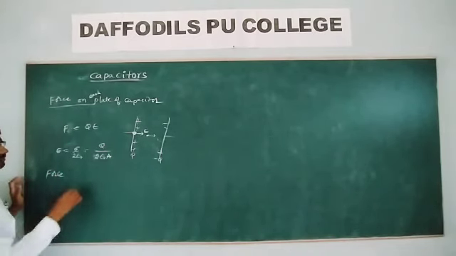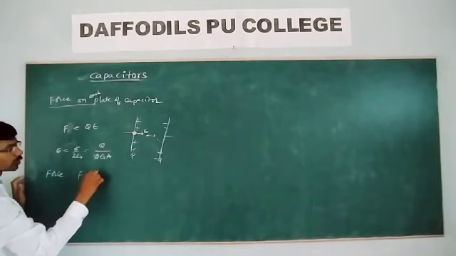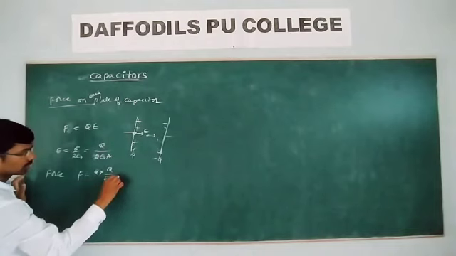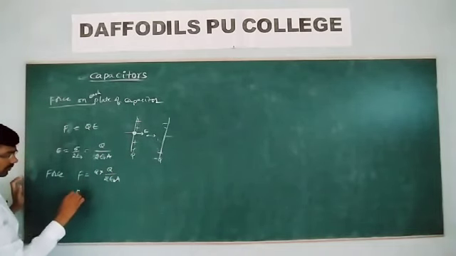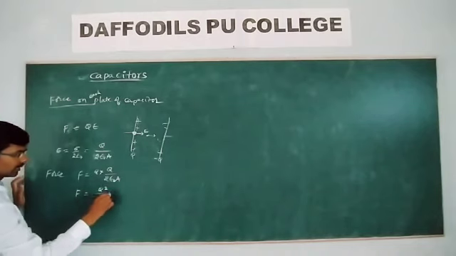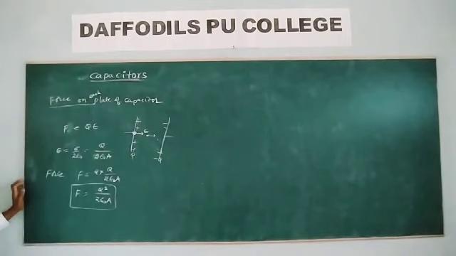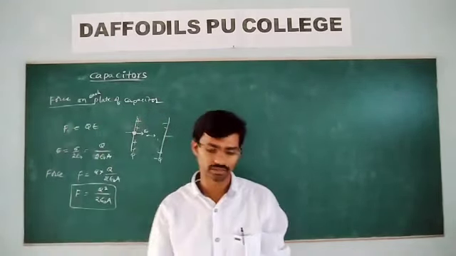Therefore, the force on each plate of the capacitor, F is equal to Q into E, which is Q squared by 2 epsilon naught A. Then what is the force between the plates of the capacitor? F is equal to Q into E, where E is sigma by epsilon naught, giving Q squared by epsilon naught A. This is the force acting on the plates of the capacitor.